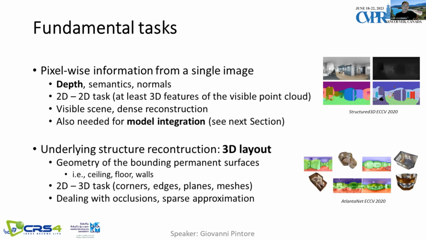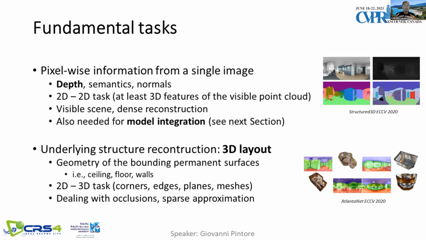Two fundamental tasks are common for room modeling. The first one is trying to estimate the pixel-wise information, and the second one is recovering the 3D indoor layout. For the first task, we reconstruct information that matches with a visible pixel, as for example, typical is depth, normal, semantic estimation, and also in this case, 3D reconstruction is limited to the visible point cloud and its properties.